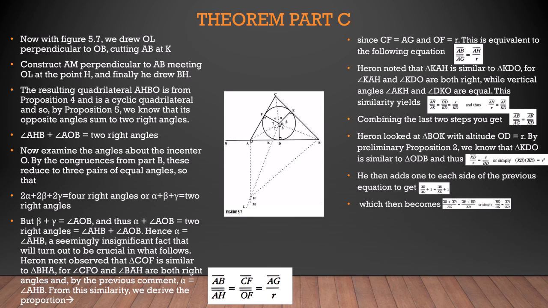So then he noted that triangle KAH is similar to KDO, and that both of those angles are right, the vertical angles are equal, which gives you the equation next. Continuing, combining the last 2 steps, you get segment AB over segment AG is equal to AK over KD.